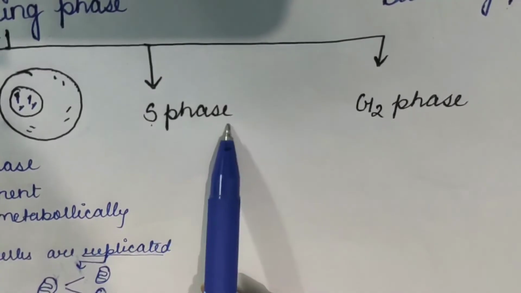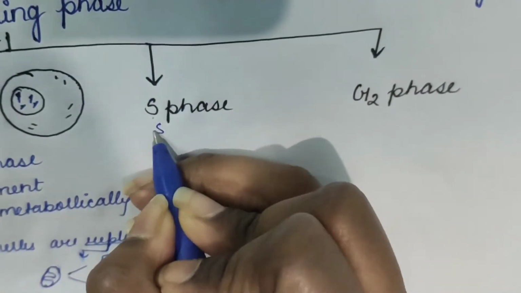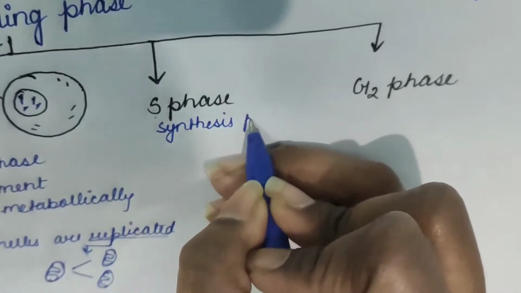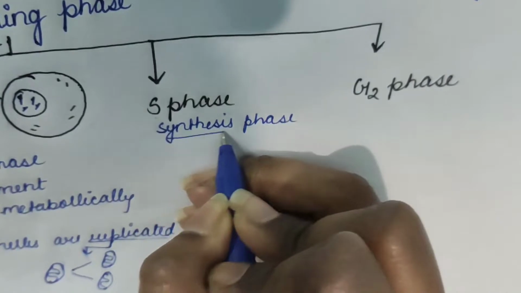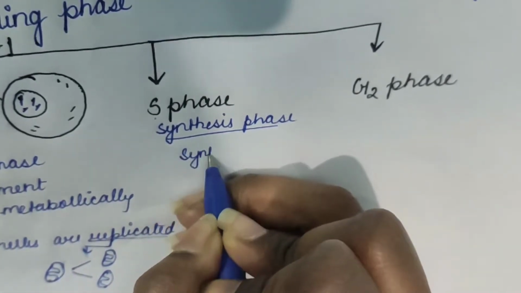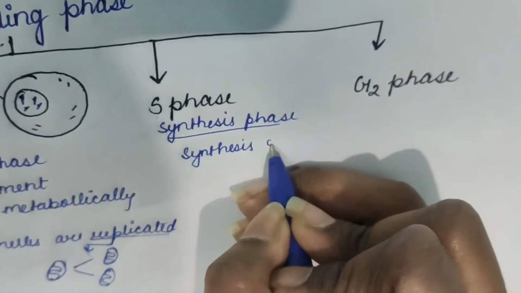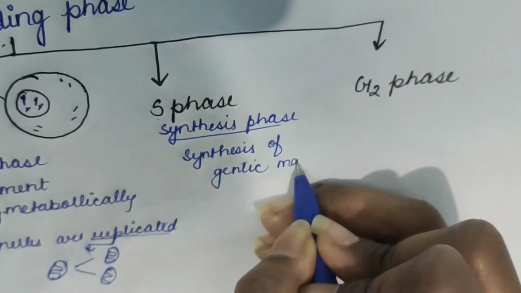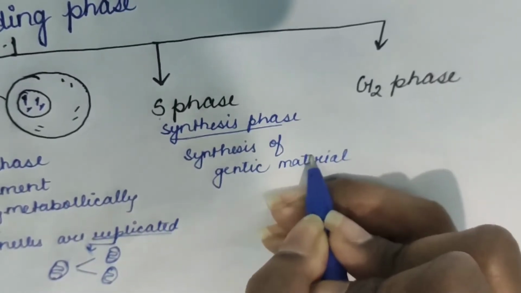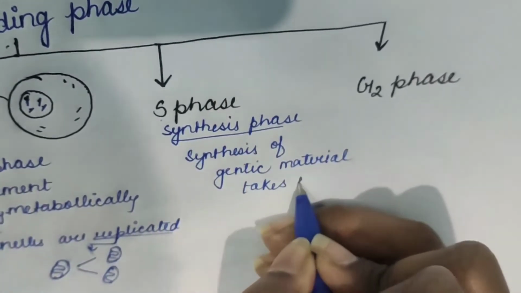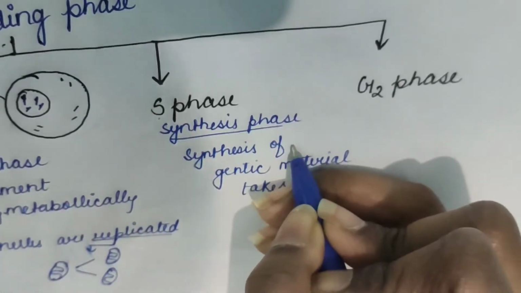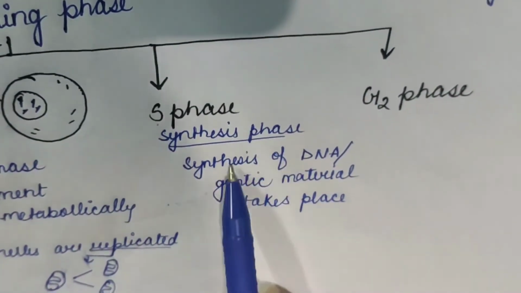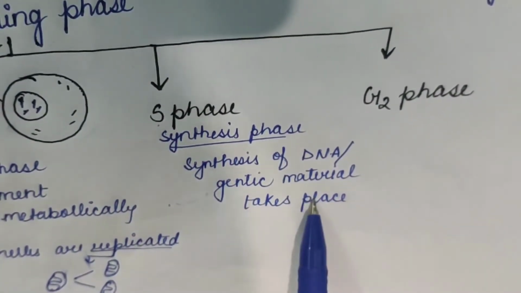Now, the S phase is known as the synthesis phase, because during this phase, synthesis of DNA, or genetic material, takes place.